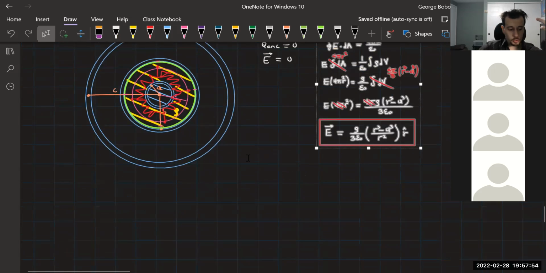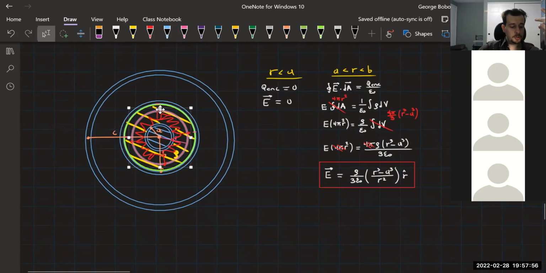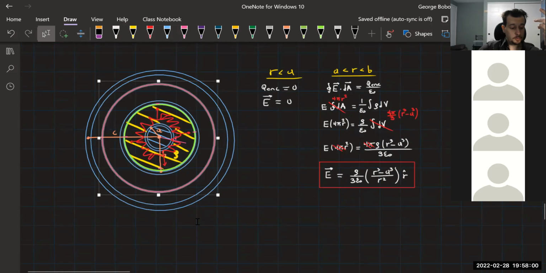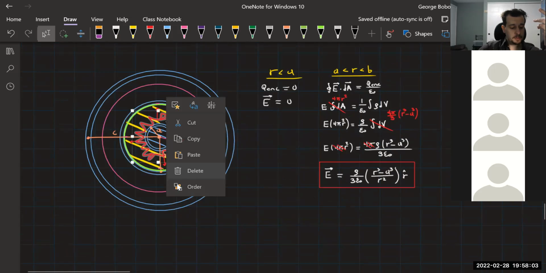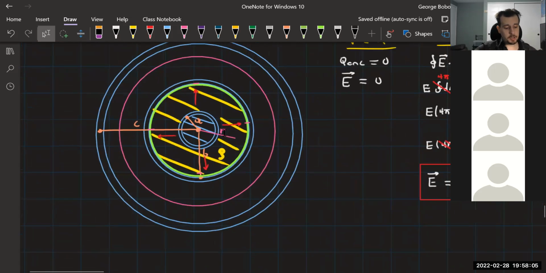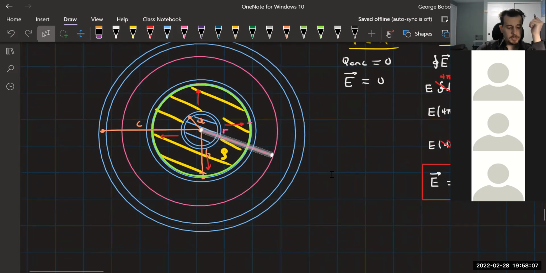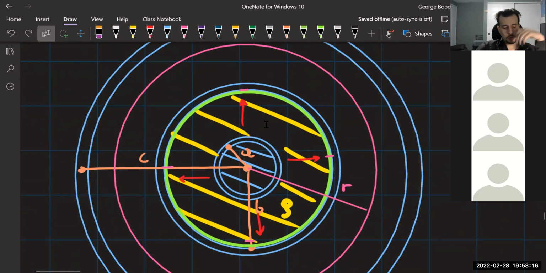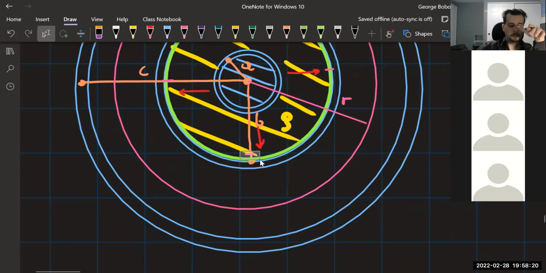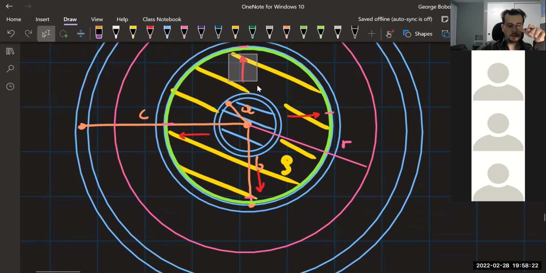Now I want to do, of course, the other region over here. So now it gets very interesting. I'm going to delete that stuff, you don't need it. So obviously the radius of the Gaussian sphere is growing. We have a bunch of negative soldiers piling up because they're trying to stop the electric field from the positive charge that's enclosed, right?